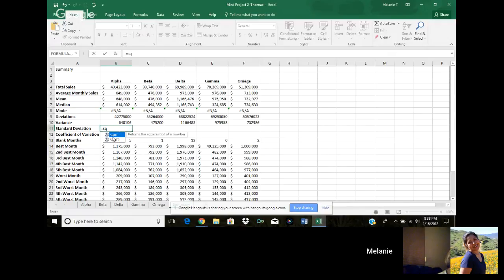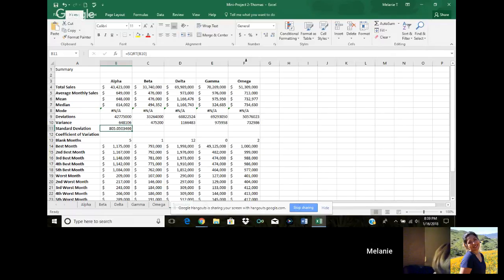The standard deviation formula is STDEV.S. I had written that one down, the square root, and then the variance.